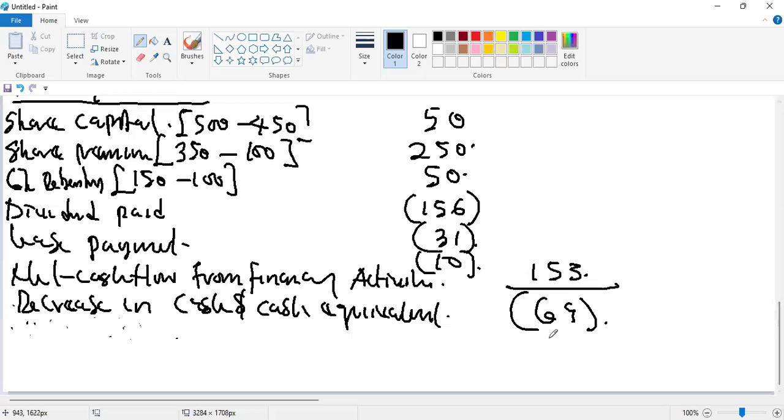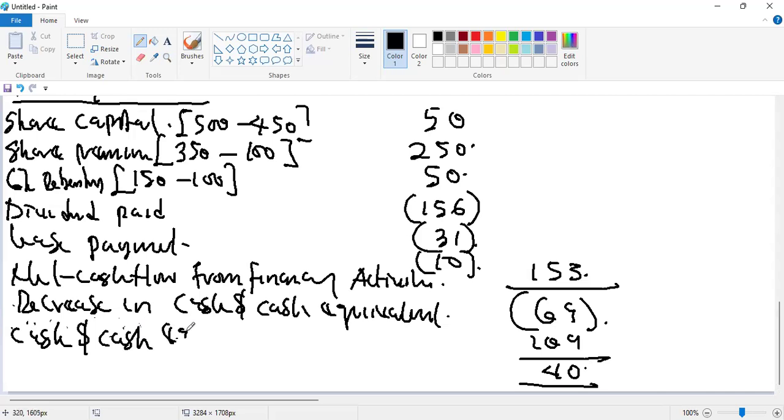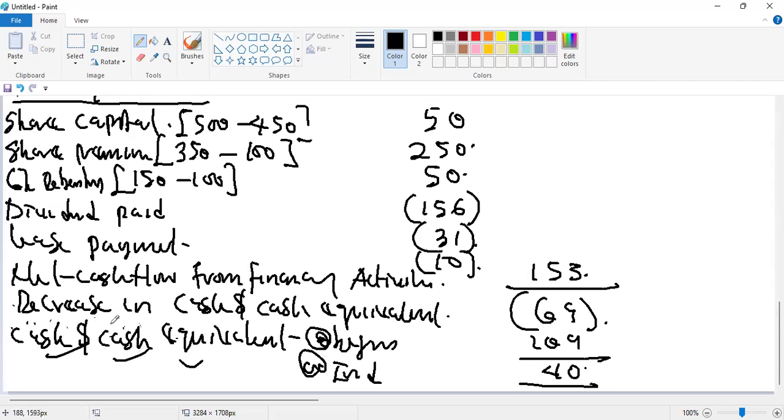If I put 109 here, will it give me 40? Cash and cash equivalent. That's all.